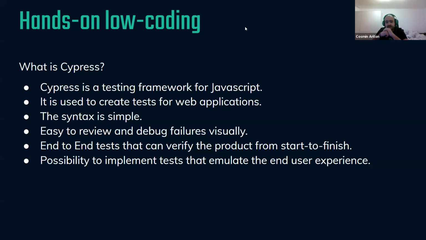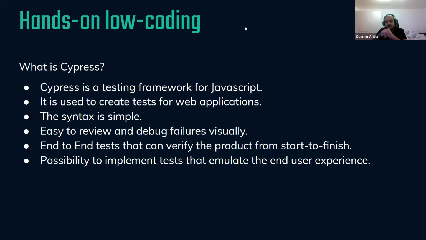The end-to-end tests can verify the product from start to finish, meaning that we can test our entire product, so nothing is overlooked, which can happen in unit tests or integration testing.